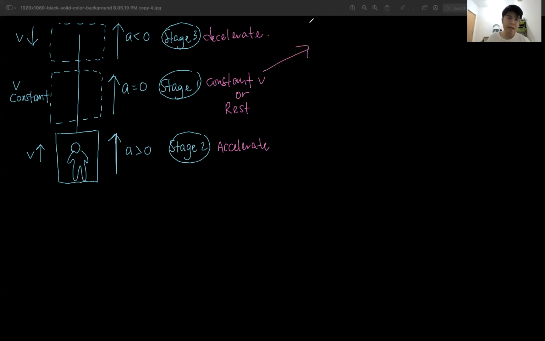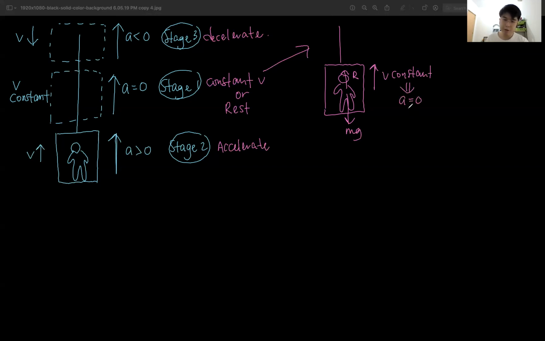We analyze the forces acting on the person in an elevator. So first you have the mg, and then you have the reaction here. We're looking at the person inside. So you have mg and then you have reaction from the floor. Now, if it's moving upward at constant velocity, that means acceleration, we know it is 0.